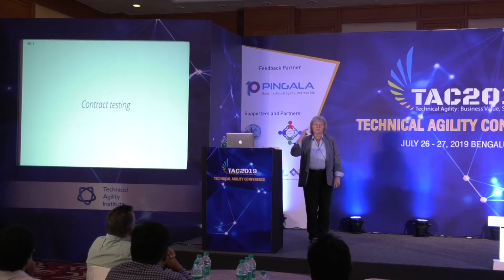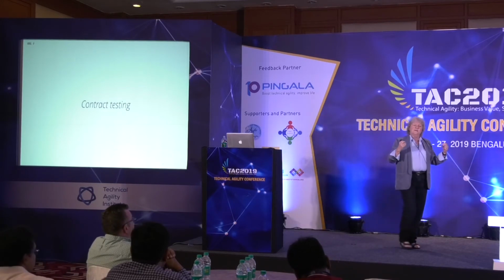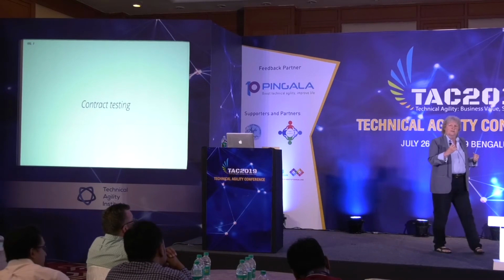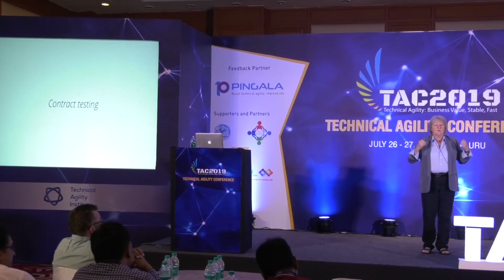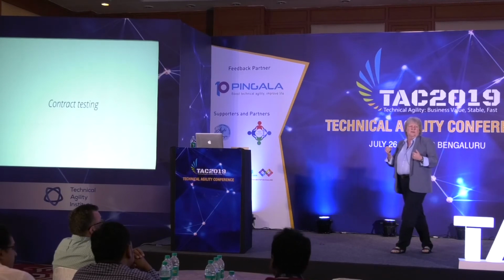Contract testing, I won't talk about that because it was talked about yesterday, but effectively, one of the things we're trying to do with evolutionary architecture is increase the amount of work that's possible so that we can pursue all of these different experiments.